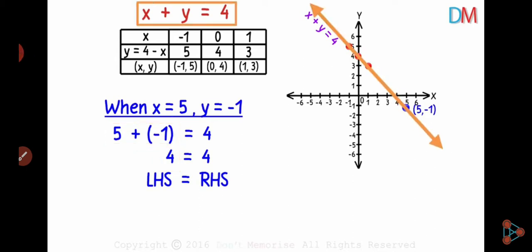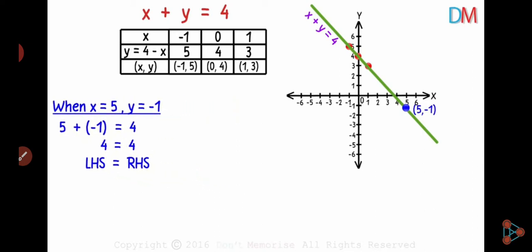LHS is equal to RHS. In this way you have to take so many values of x, then find the value of y. This type you have to solve, drawing a graph of a linear equation in a Cartesian plane.